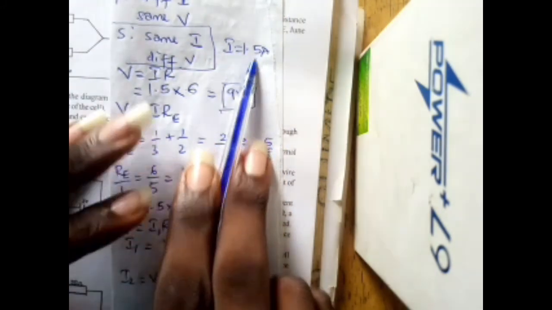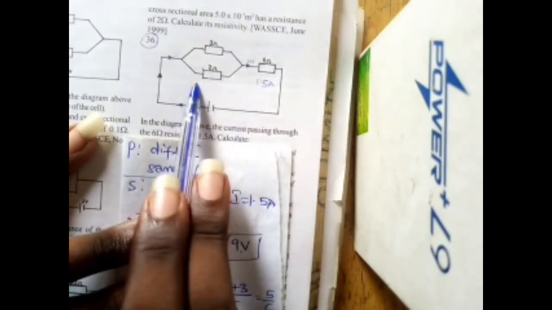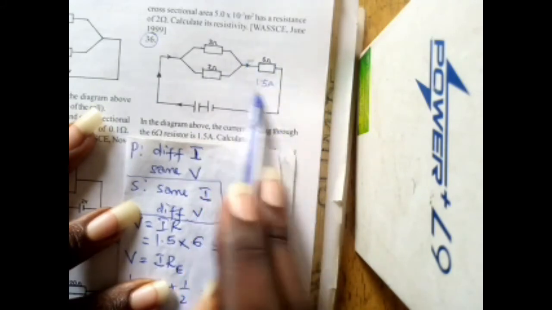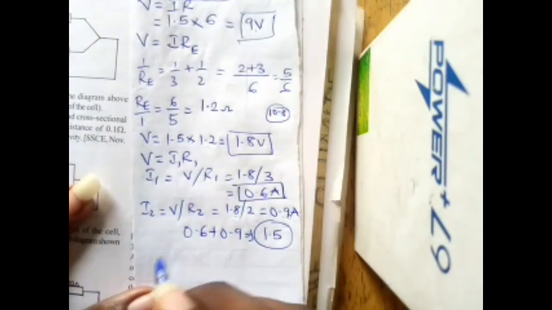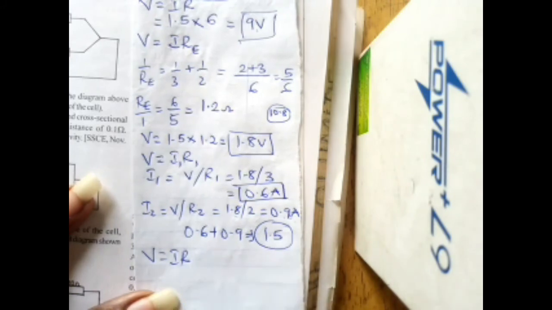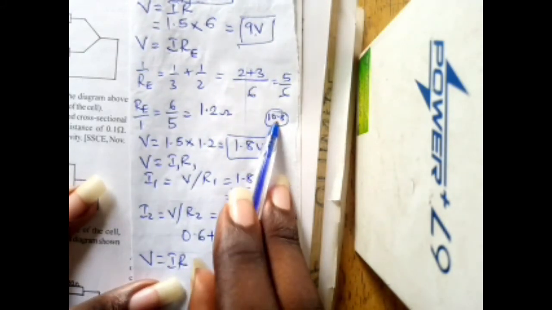I told us in a series connection, you have the same current. 1.5 flows here, 1.5 also flows here. Now I have to find the terminal potential difference of the battery, which I told us should be 10.8, 9 plus 1.8.